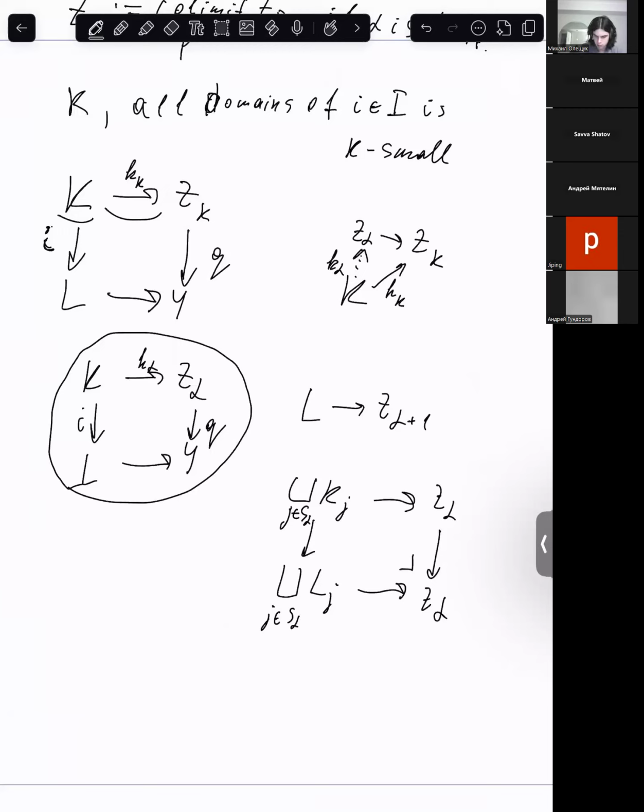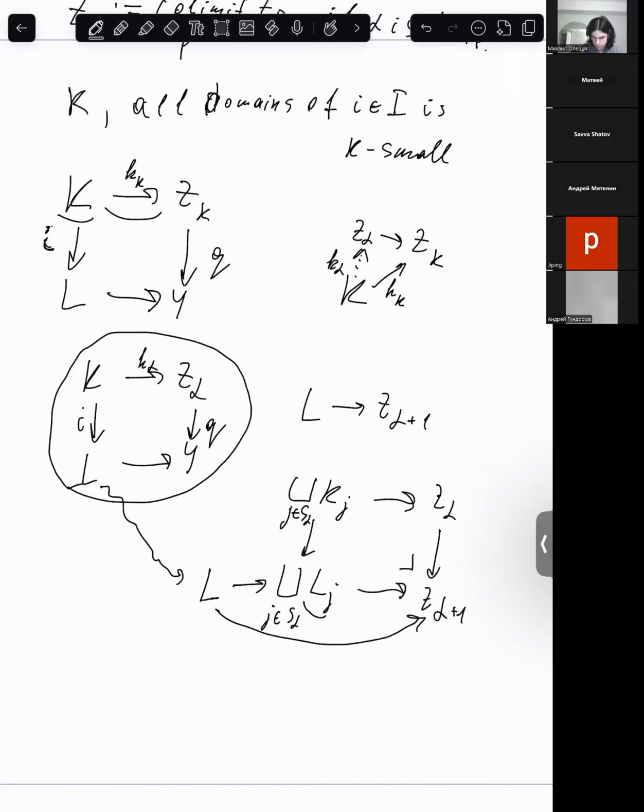We have it here as one element of this coproduct.